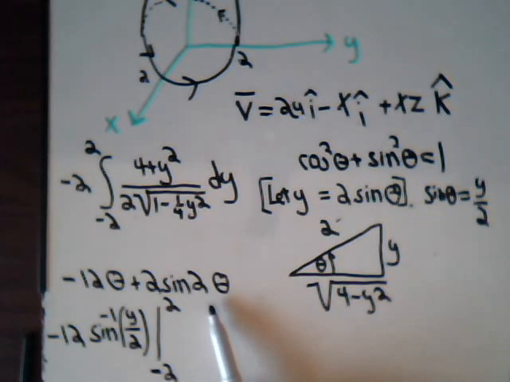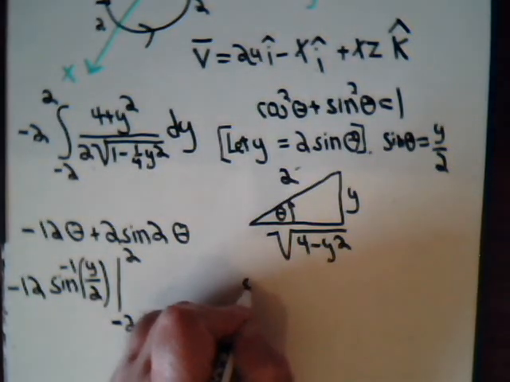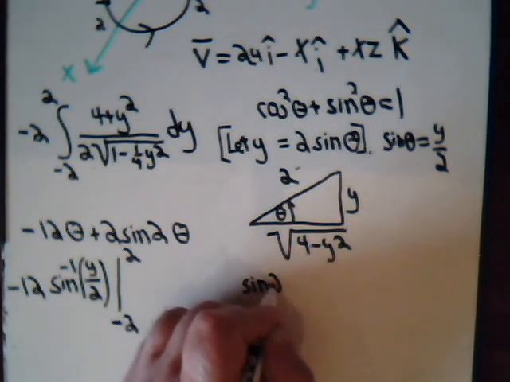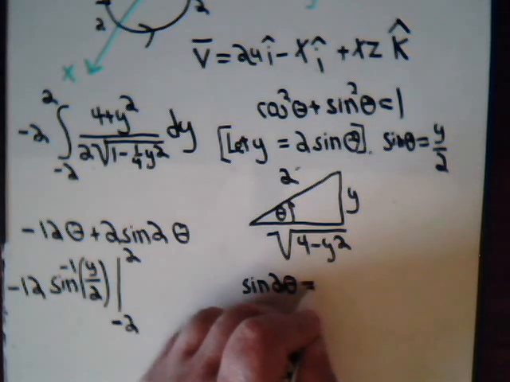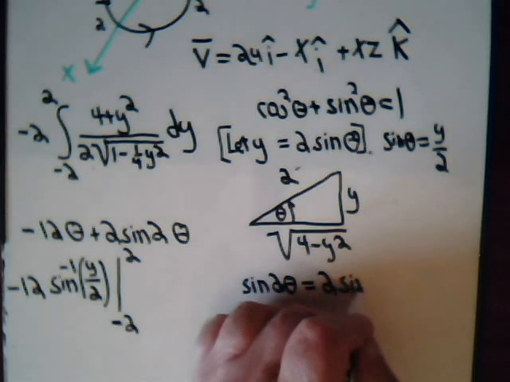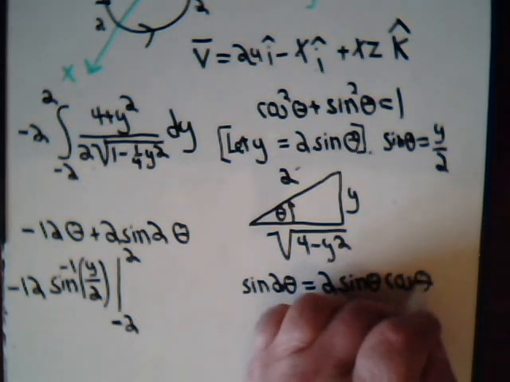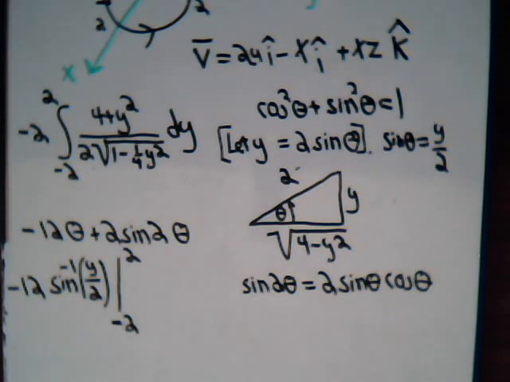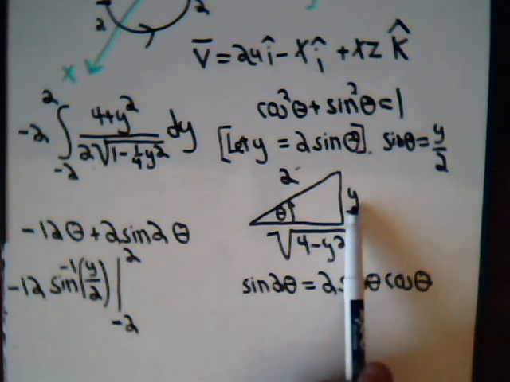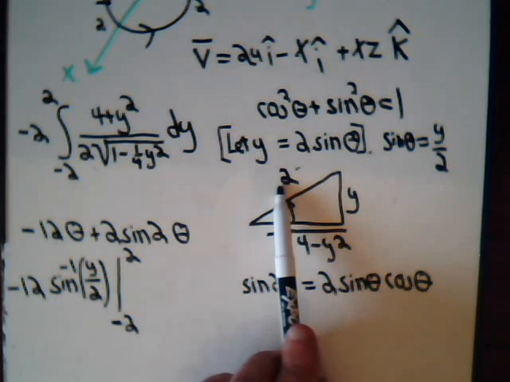Now, the sine of 2 theta, remember what that is equal to. The sine of 2 times theta equals 2 times the sine of theta times the cosine of theta. Well, the sine of theta, of course, is y over 2. The cosine of theta is this divided by the hypotenuse.